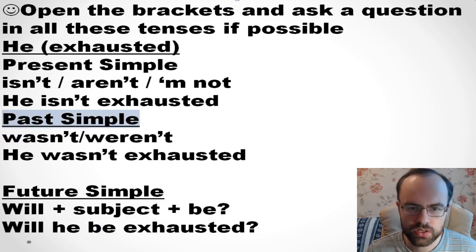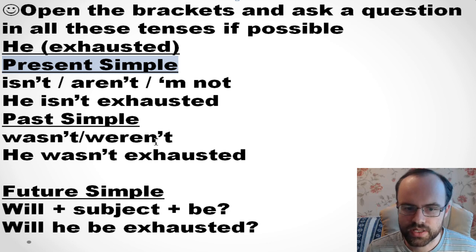Okay, and what about other tenses? What about present continuous and past continuous? Can we say it or not? You know that normally we don't say it in continuous. We say it in present simple, past simple, future simple, but not in present continuous or past continuous, if we are talking about the verb to be.